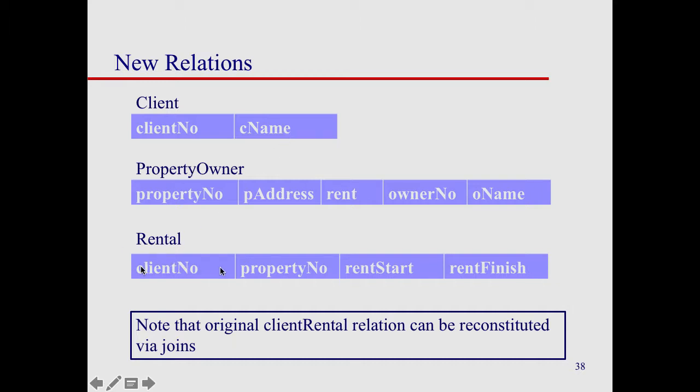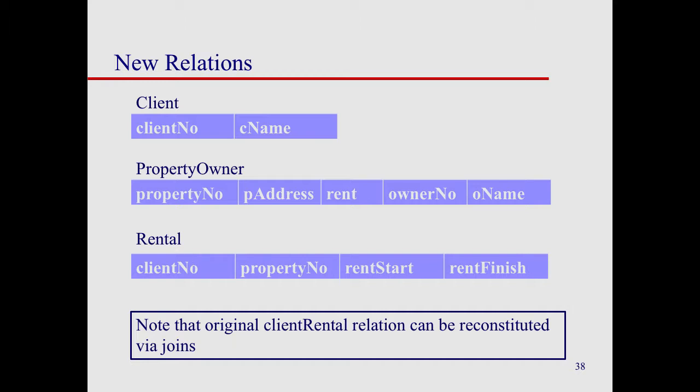And then what's left, I called it rental, you could call it lease, is whatever information was fully functionally dependent on just the primary key. So the only 2 properties that depended only on the primary key were rent start and rent finish. So that's all that's left in the original relation.